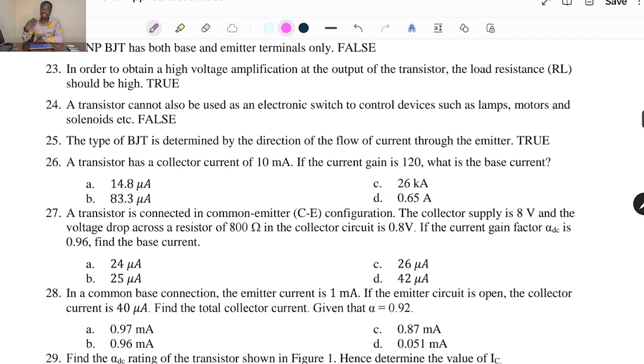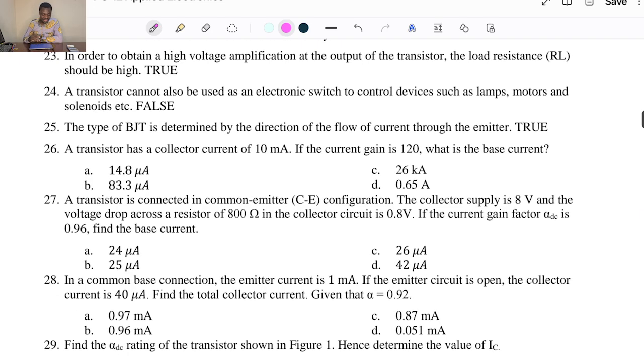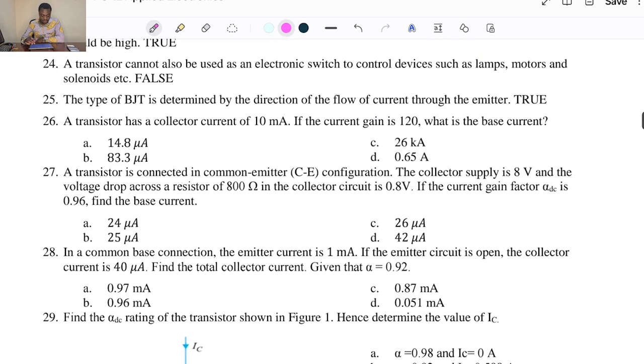If you want a very high amplification, you make sure your load resistance is also very high. Question 24, a transistor cannot only be used as an electronic switch to control devices such as, so this is false. You can use a transistor as a switch to control lamps, motors, and so on.